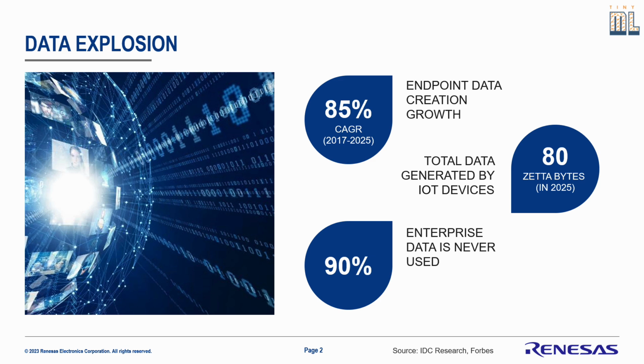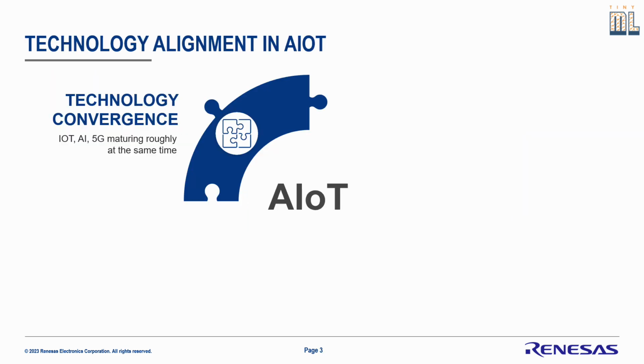So we're talking about the convergence of technologies like AIoT, AI and 5G, which are maturing at roughly the same time, creating what we call the artificial intelligence of things.